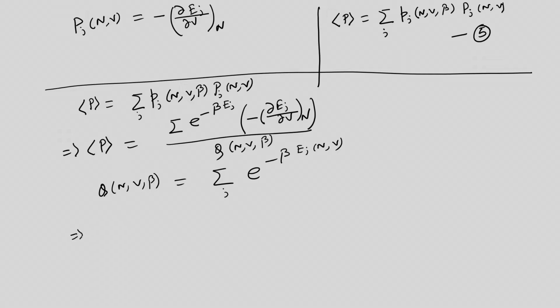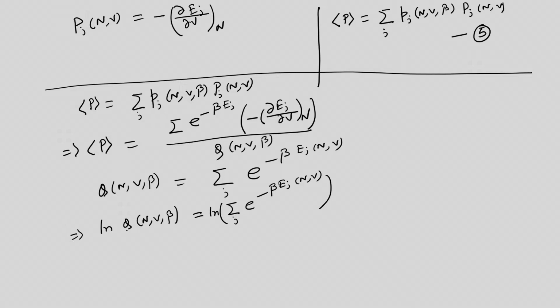Now, what we will do, we will take log like before, log of Q is like this. So, we will differentiate ln Q with respect to V, keeping n and beta constant.